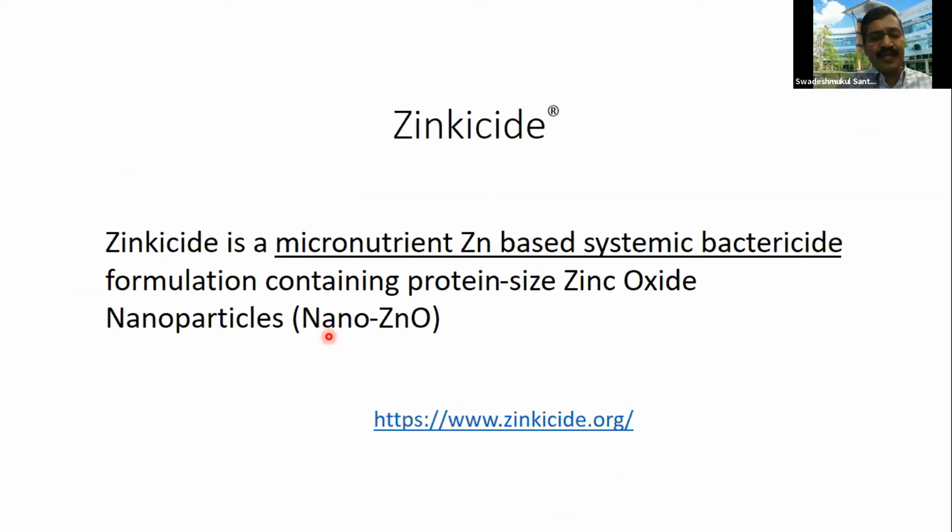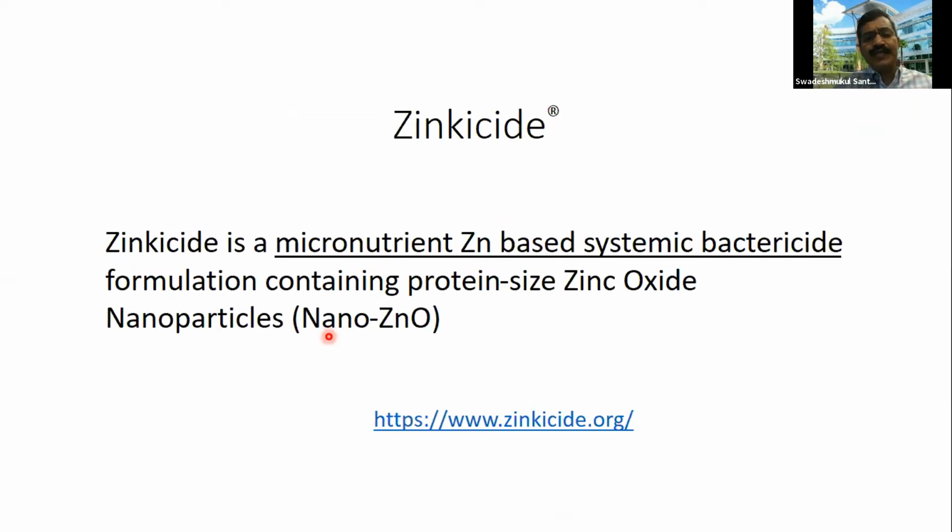That brings us to the next slide, where UCF Zinkicide nanotechnology is unique of its kind because it is a systemic bactericide. Systemic means that irrespective of the method of application, whether you put it in the soil or spray it on the leaf, it is going to reach every tissue. That is how it is designed.